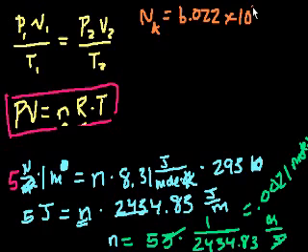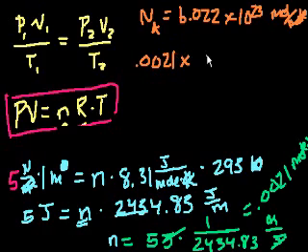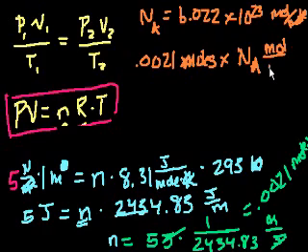Avogadro's number is equal to 6.022 times 10 to the 23 molecules per mole. So the top is molecules, the bottom is mole. I know you can't read that. So if I have 0.0021 moles, how many molecules do I have? Well, I just multiply that moles times Avogadro's number, molecules per mole.